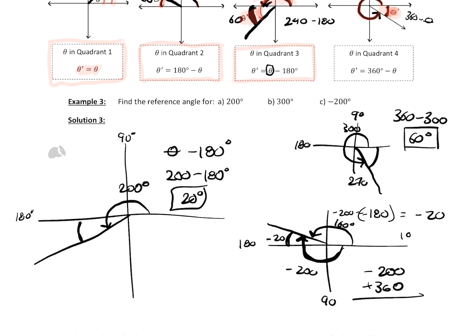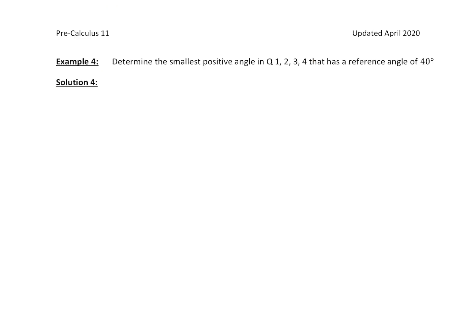So now I have 180 minus 160, which gives me positive 20, which is my reference angle, which is what I wanted to see to begin with. So be comfortable finding reference angles for any given angle because it's going to come in ridiculously handy. And there's going to be information for each quadrant. It's going to vary quadrant to quadrant as to what's happening where. So now let's look at the quadrants.